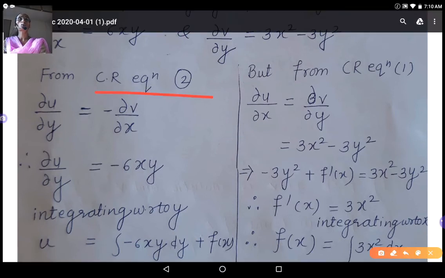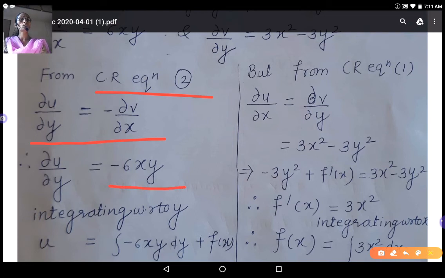CR equation 2 is del u by del y. Why? See, now v is given and you want to find u. So you want the del u term. So what you are doing now? Del u by del y is equal to minus of del v by del x, and just put the value of del v by del x, then you will get minus of 6xy.